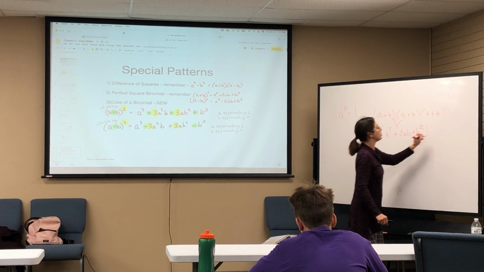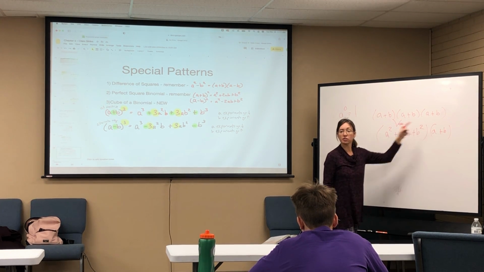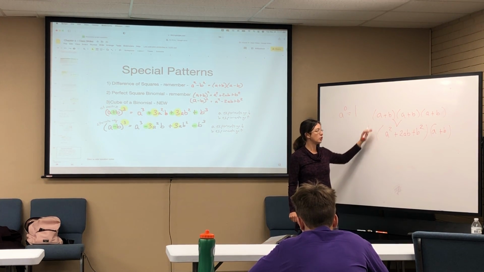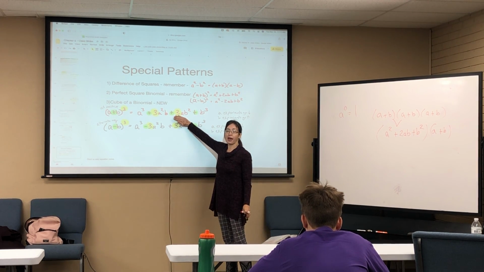And then have this whole thing times it again, and we're going to distribute out. So we could do this, and you can actually work it out, or you memorize the pattern, and this is a shortcut way for it.